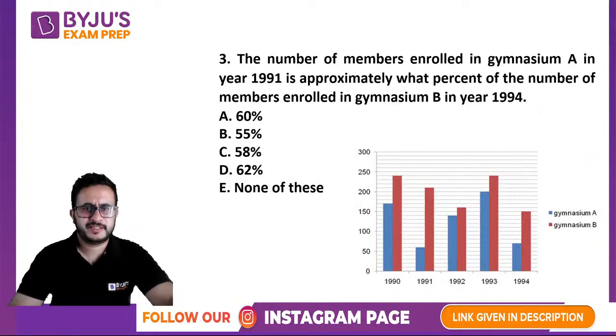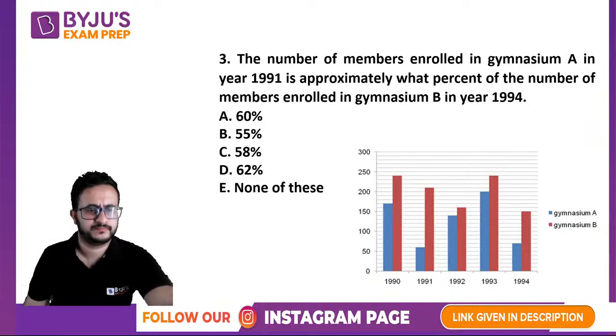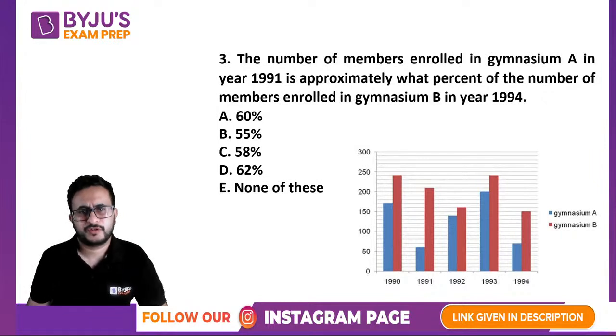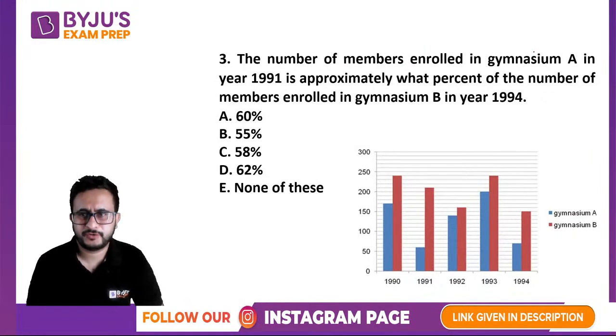So this one is an easy set. Right, you can expect at least one easy set in the examination. So the number of members enrolled in Gymnasium A in 1991.